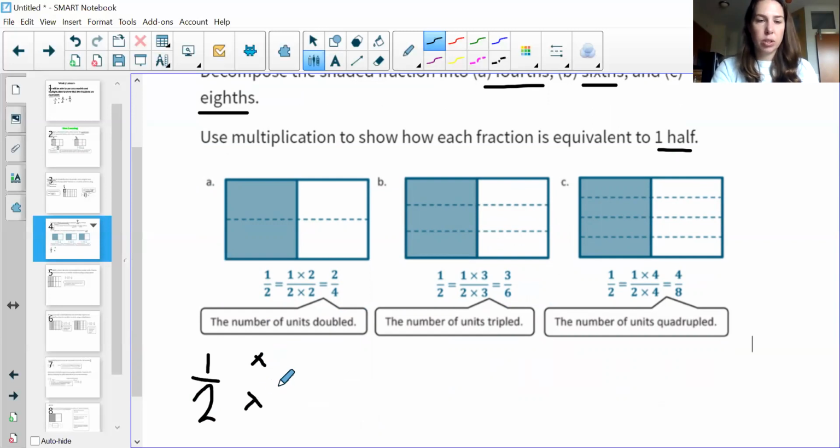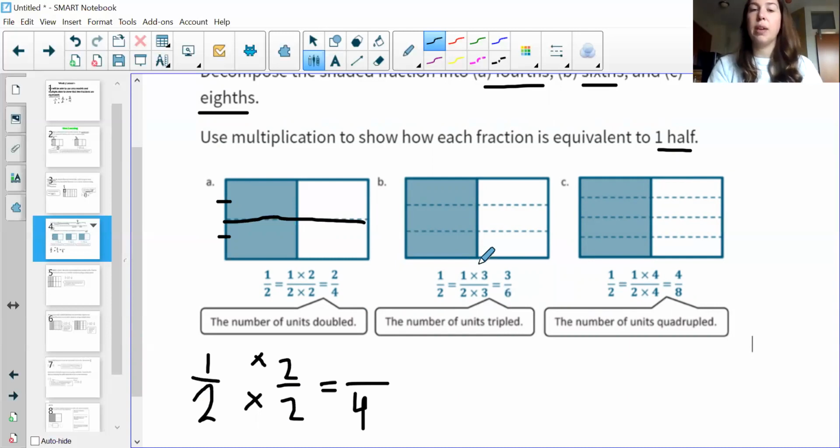What do I need to multiply by so that it will equal 4 in my denominator? Well, 2 times 2 is 4. So we know that we're going to multiply by 2/2. And what that looks like in the area model is we're making 2 rows. So we decompose with 1 line through the middle.